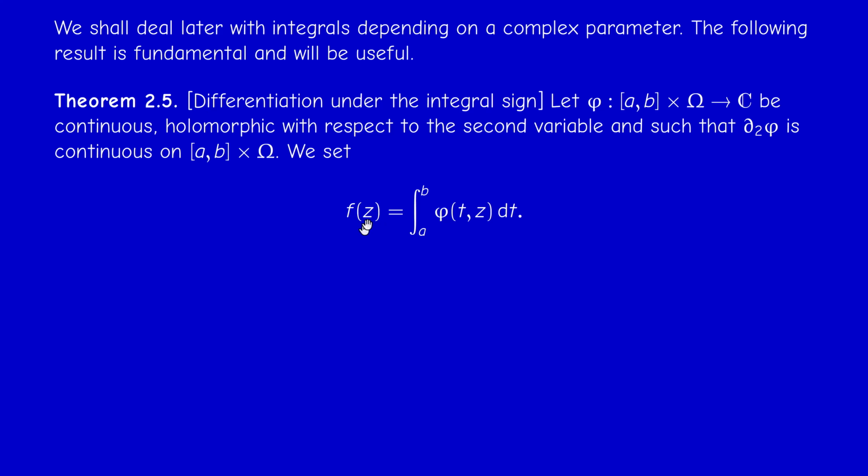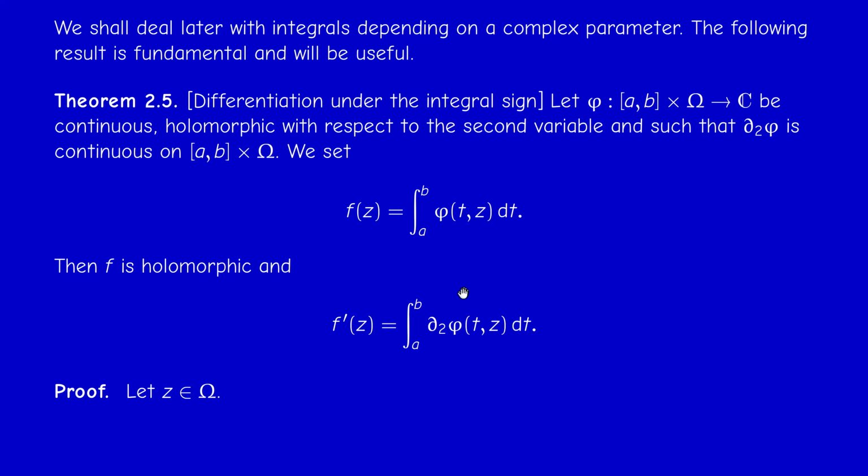So I get a function f of z. Okay. And now, under certain assumptions, I will prove that f is holomorphic and its derivative is the integral of the derivative. So, okay, what are the assumptions? The assumptions are that phi is continuous in both variables jointly and holomorphic with respect to the second variable.